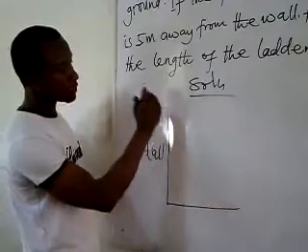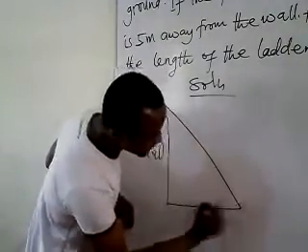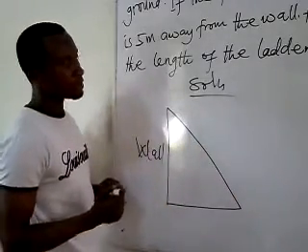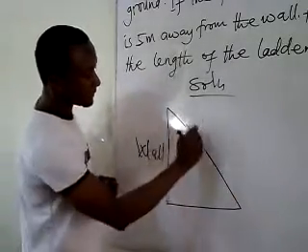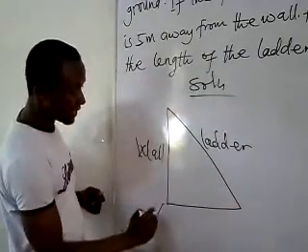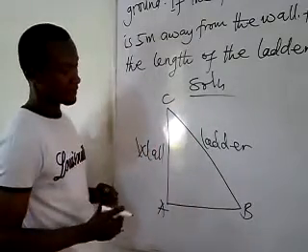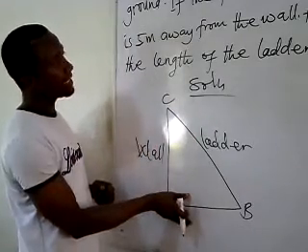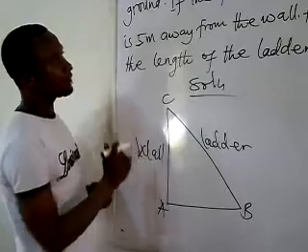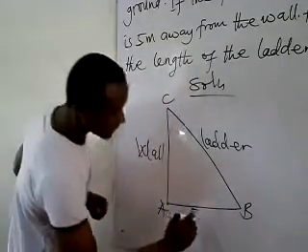So from the top of the wall, draw a line to join the base of the ground, and that will give us the ladder. So you can name it A, B, and C. The base was given as 5 meters, so you write 5 meters representing line AB.